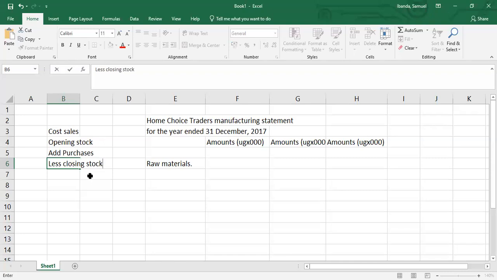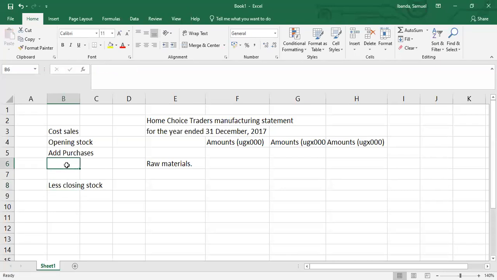That is what we basically do when we are determining our cost of sales. And usually, in case we have any adjustments on purchases, we usually have those adjustments.